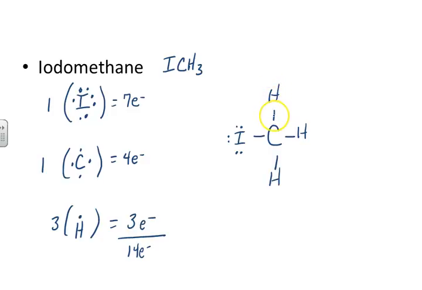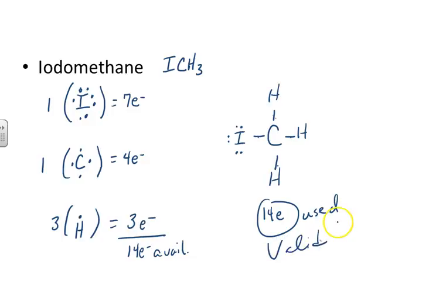It only gets 2 electrons, and each one of our hydrogens has 2. We now count. We've got 2, 4, 6, 8, 10, 12, 14 electrons. 14 available, 14 used, valid structure.